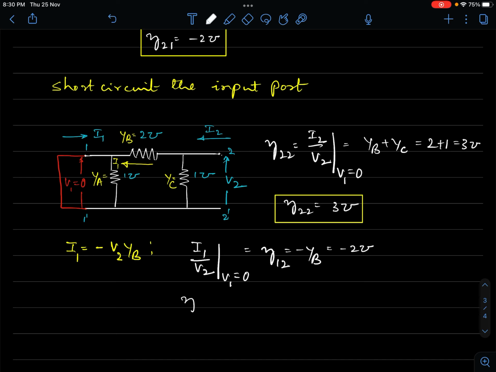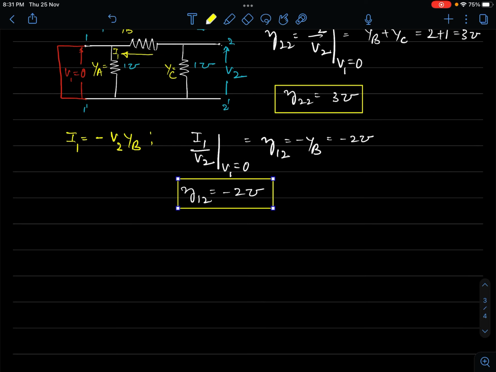Alright, so we now have the Y12 parameter as minus 2 mhos. I use my yellow color and put it. So we are able to determine all the 4 parameters of this particular network.